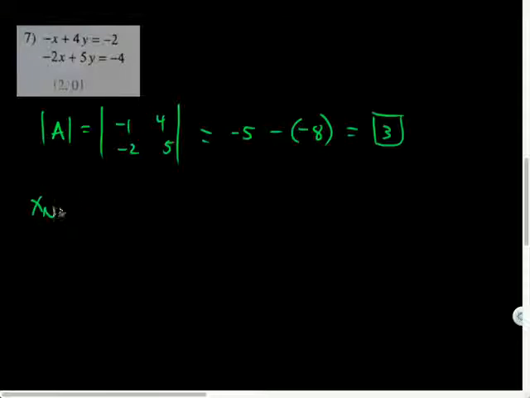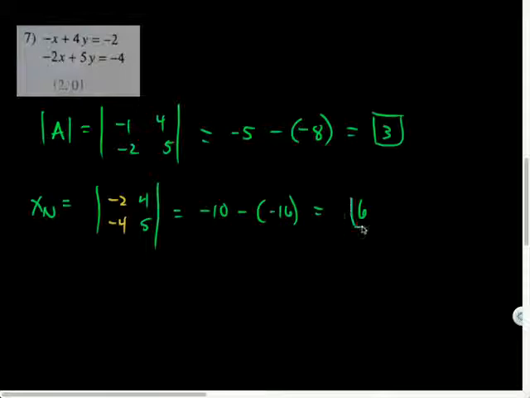Then we'll have the x numerator, which is the same determinant thing, except instead of my original x coefficients, I'm going to replace that column with -2, -4, my right-hand side or my constants, right? So when I calculate that, I'll have -10 minus a -16, so that looks like +6.